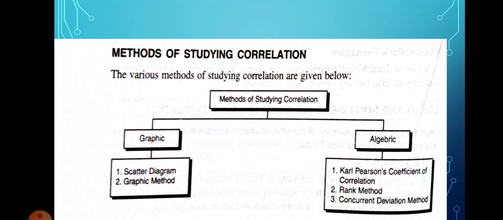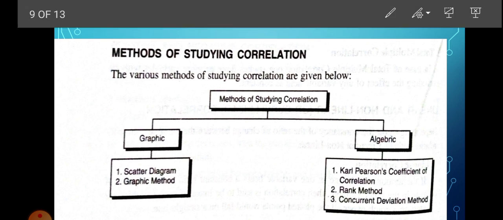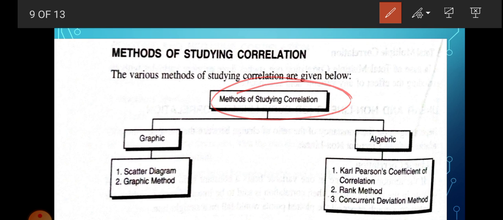Next is methods of studying correlation. Now we will study exactly this. One method is graphic and another one is algebraic. The graphic method is the scatter diagram. The algebraic methods are the Karl Pearson coefficient method, the rank method, which is also known as Spearman's coefficient of rank, and then the concurrent deviation method.